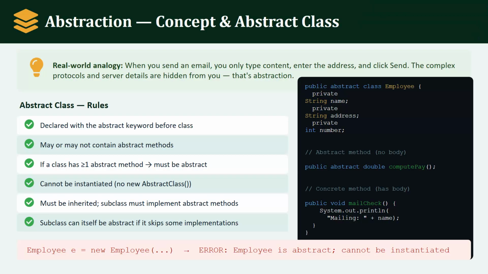So simply, abstraction is when, for instance, I give you a scenario. You send an email. So when you send an email, you only type the content in the body section.